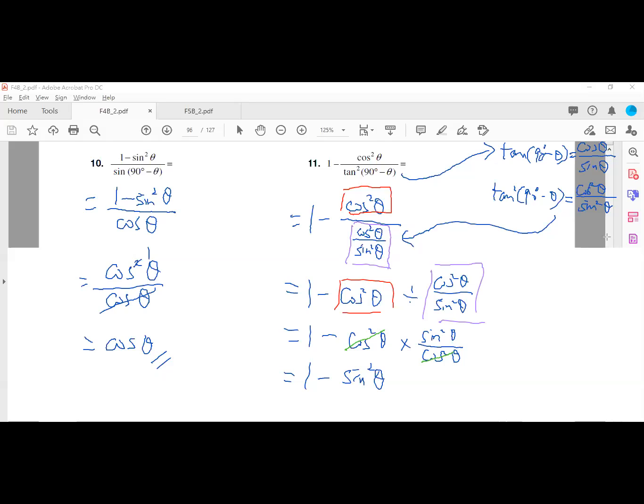Okay? 1 minus sine square theta. We have done this in question number 10, right? Sine square plus cosine square is always equal to 1. Okay? The sum of two things is equal to 1. So 1 minus one of them becomes the other. So 1 minus sine square theta becomes cosine square theta. Okay? So that is the final answer.